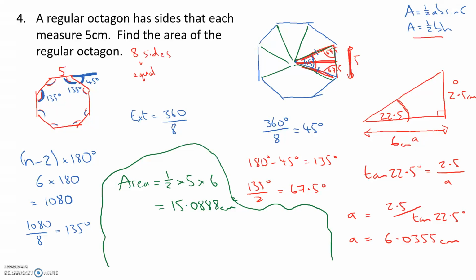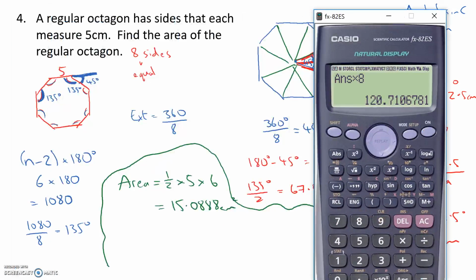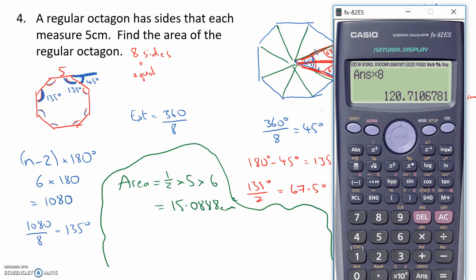Well, it's going to be 8 of those triangles. So we've got our area there multiplied by 8. Now note, every time, although I've written down an answer, I've left my unrounded calculation in the calculator. So we've done no rounding till the end of this calculation. The area of my entire octagon is 120.71 and so on.